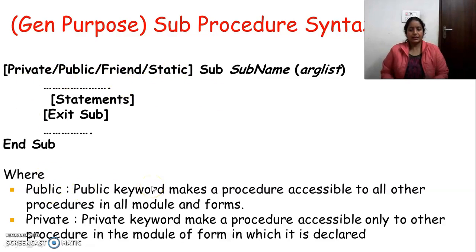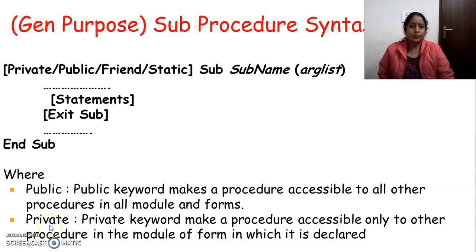If you set the visibility mode of a procedure to public, then it will make the procedure accessible to all other procedures in all modules and forms. Suppose there are 10 forms in a project, and if you set the visibility mode of a procedure or subroutine to public, then it is accessible to all other 10 forms or modules.